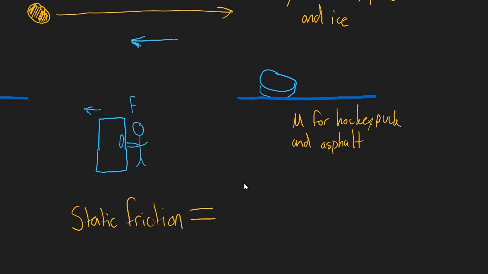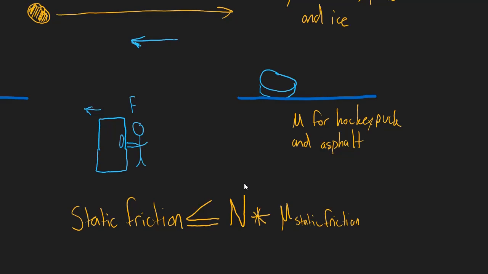Static friction is less than or equal to the normal force times the coefficient of static friction. The coefficient of static friction is not the same thing as the coefficient of friction in general. It's a particular kind of coefficient of friction.